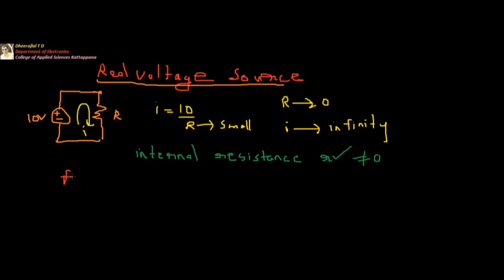A flashlight battery is a source of voltage, and it obviously has an internal resistance r, which is less than 1 ohm.